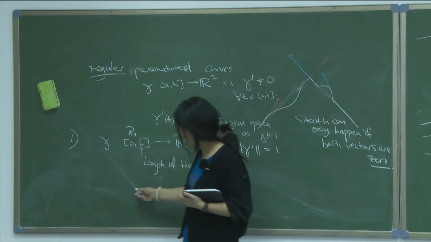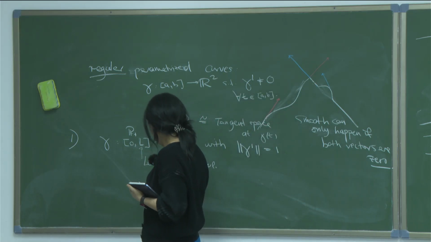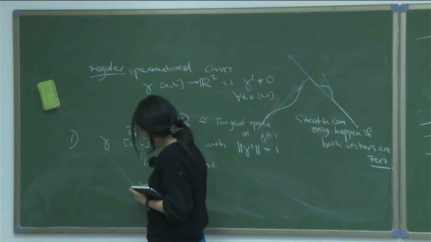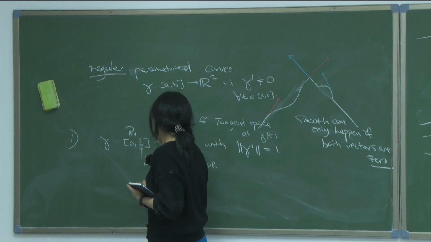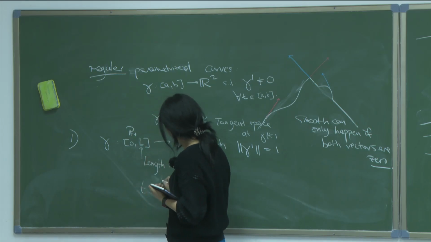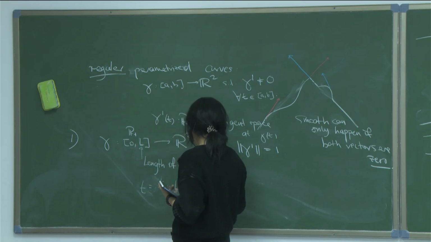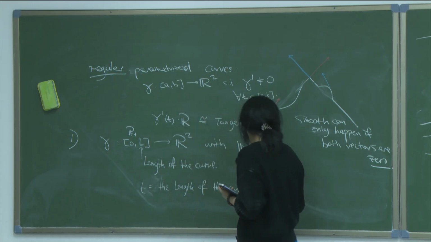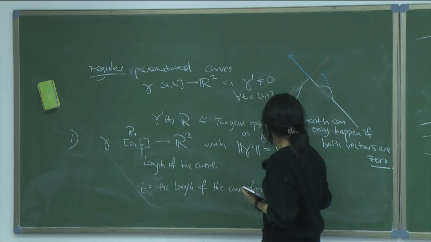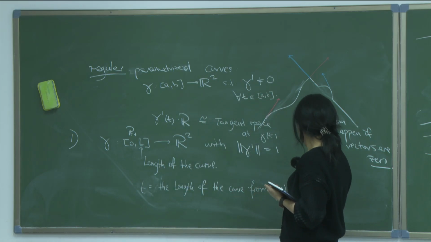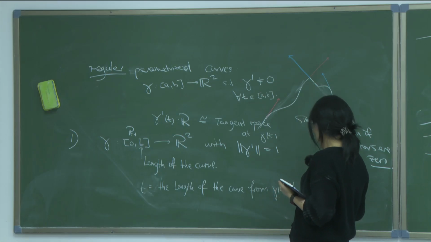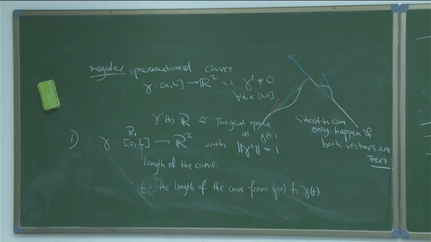Or rather, gamma of t is the length of the curve from 0 to gamma of t. So this gives me a way to define it.